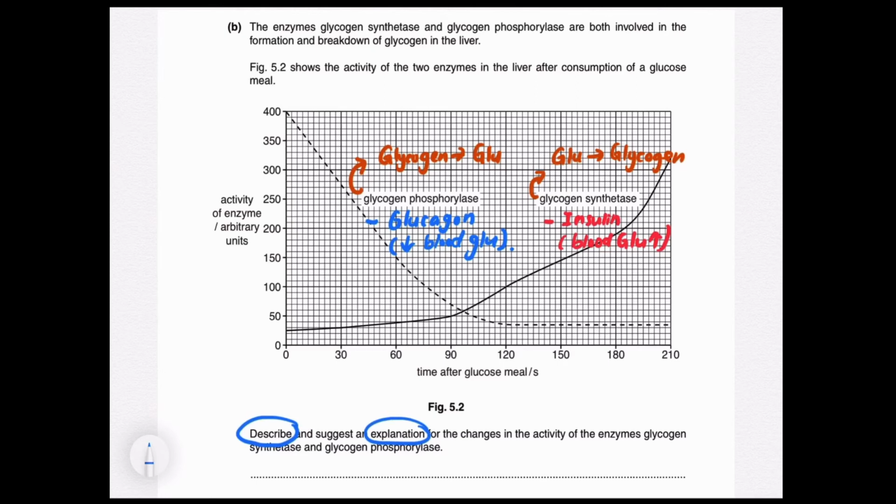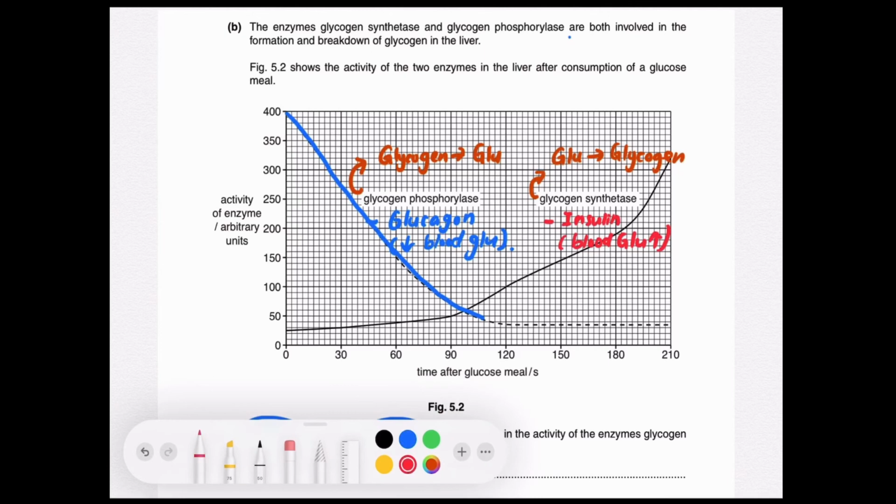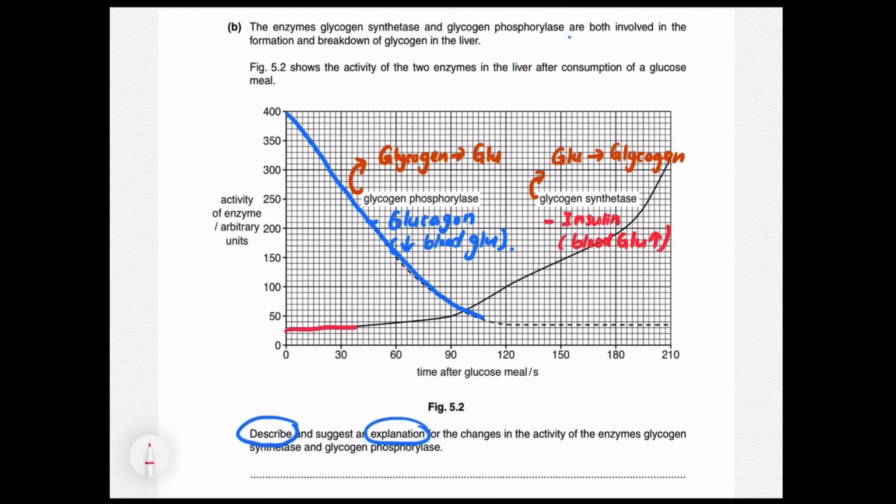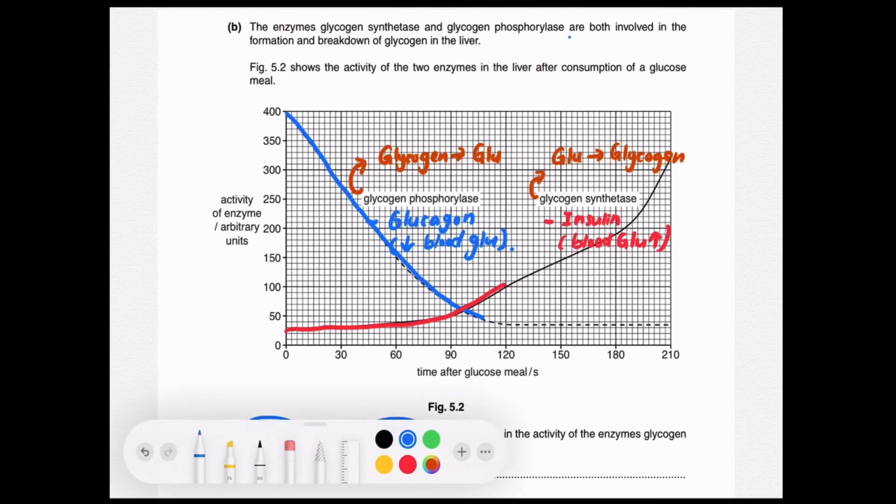You are expected to know that when the activity of glycogen phosphorylase decreases, it shows that you no longer need the effect of glucagon. This shows that your blood glucose concentration is increasing, therefore more insulin is produced and more glycogen is synthesized, whereas the process of breaking down glycogen will continue to decrease.